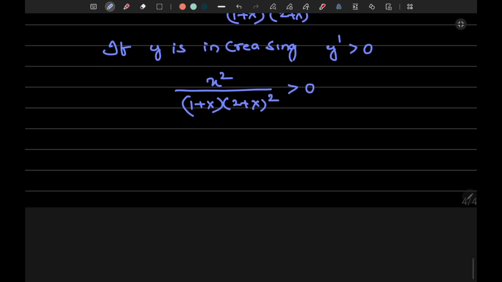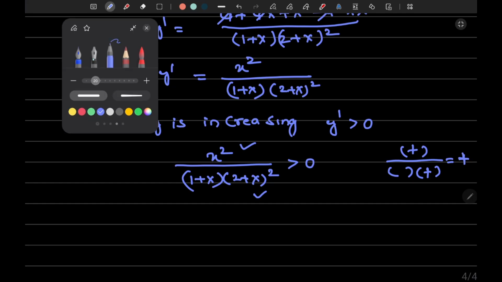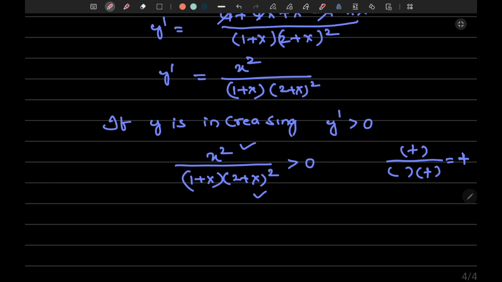Very good. See here, this is a function with 3 terms: numerator 1 term, denominator 2 terms. I want the answer to be greater than 0, which means positive. Clearly the numerator is x square, which is positive, and in the denominator the second term is also a square, so it is also positive. So the result depends on the term 1 plus x.